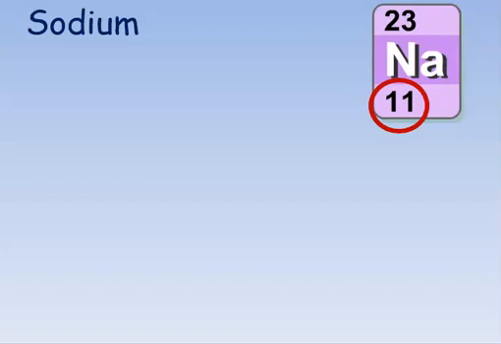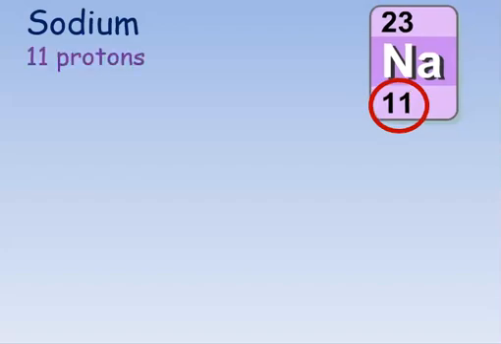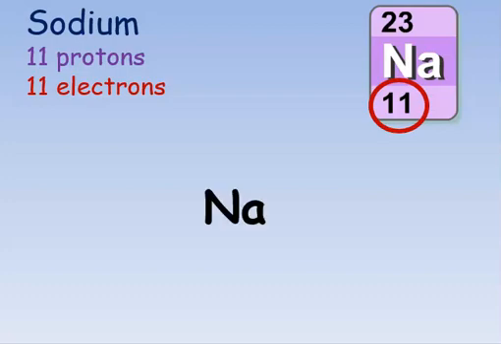And that means that sodium has 11 protons and 11 electrons. So our electron configuration for sodium now will have 11 electrons. And how did we start? Again, we are going to start by putting the symbol in the middle, which is Na, and then we're going to draw the first shell.